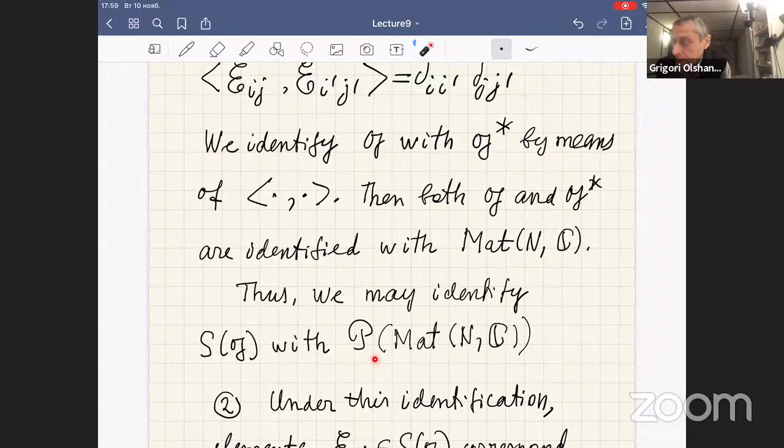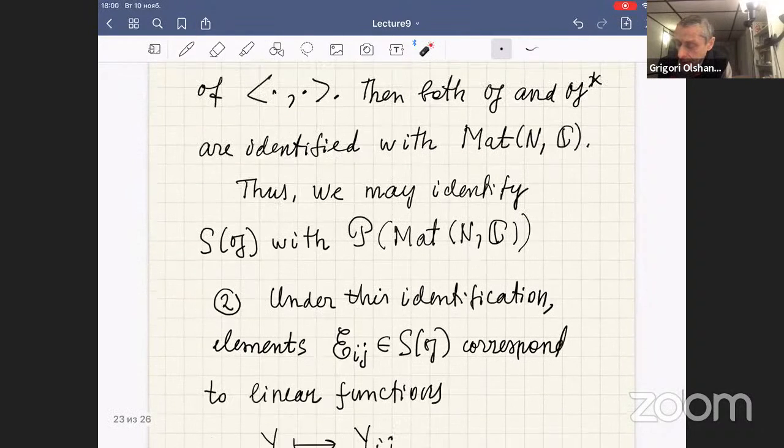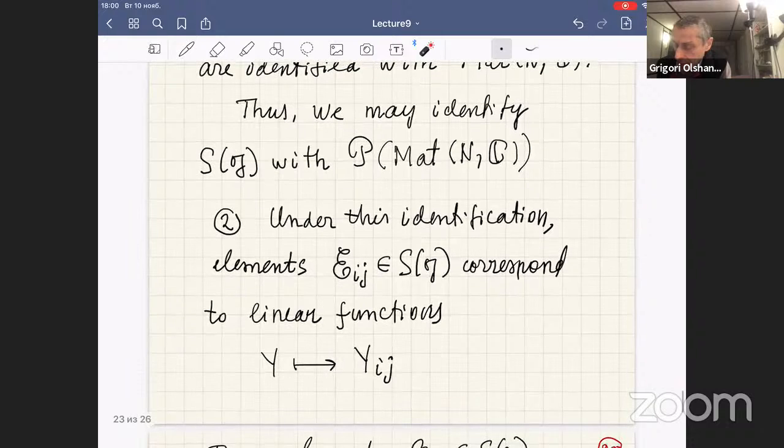But attention, we also need the action of our group. And with respect to our definition, the actions here and here are not the same. They are a little bit different. Under this identification, these matrix units, which are elements of this algebra on the left, correspond to linear functions.